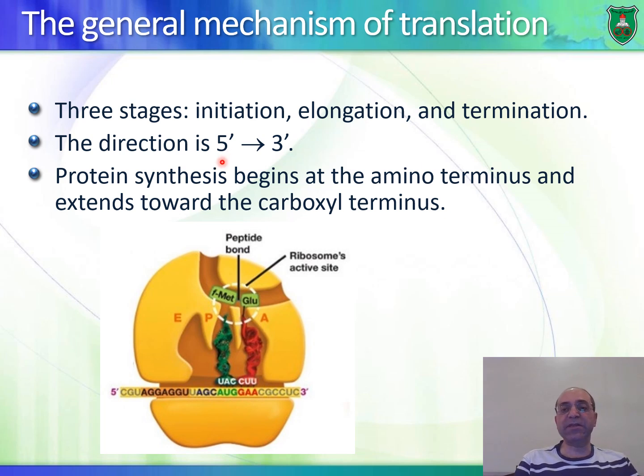The direction of synthesis, or the direction of reading messenger RNA, is 5' to 3', and proteins are synthesized from the amino terminus to the carboxy terminus. Okay, so the idea here is that if you look at an amino acid, it has an amino group and a carboxyl group, and the incoming amino acid is added to the carboxyl group of the first amino acid.